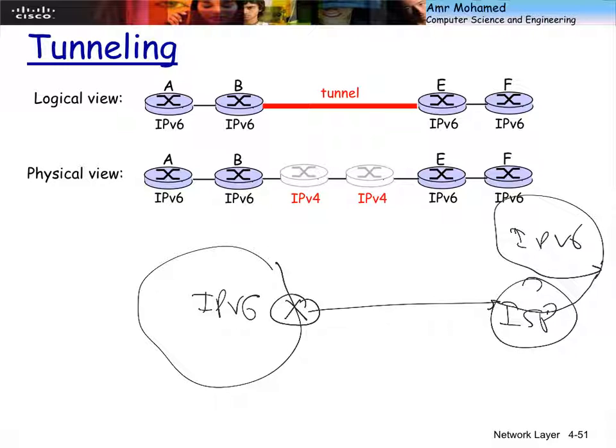If the ISP supports IP version 6, we don't need the tunneling, yes? Yes, of course. But actually what happens is that ISPs typically use IP version 6 inside their core network, but when it comes to gateways, usually they still use IP version 4, okay?